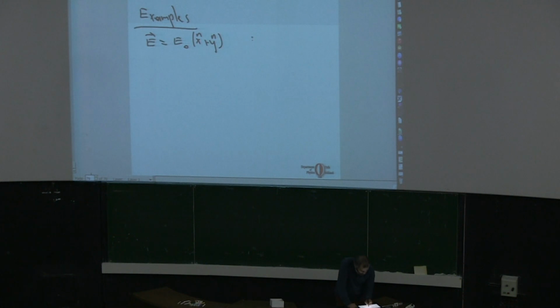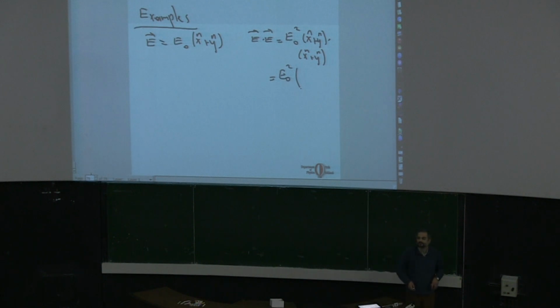Just take the scalar product with itself. This is E0 squared, (x hat plus y hat) scalar product (x hat plus y hat). What is x hat dot x hat? x hat dot x hat is just 1. x hat dot y hat, 0. y hat dot x hat, 0. y hat dot y hat, 1.